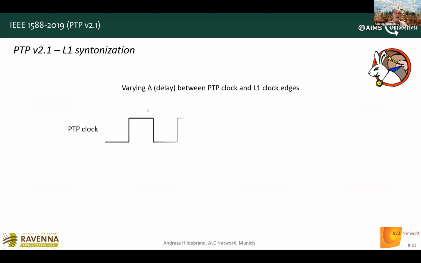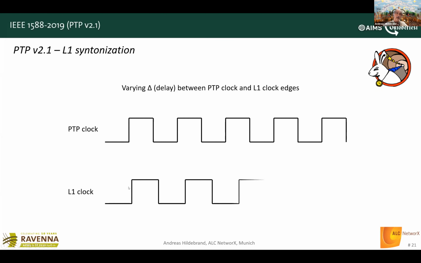We have varying deltas or delays between the clock edges of the PTP clock and the L1 clock. As you can see, we have stable clocks, PTP and L1, but they have a slightly different rate. So that means that we have a delta, let's say, on the rising edges of the clock, which is changing over time. It's getting bigger and smaller depending on how these clocks work to each other. Keep in mind, they are not synchronized to each other.